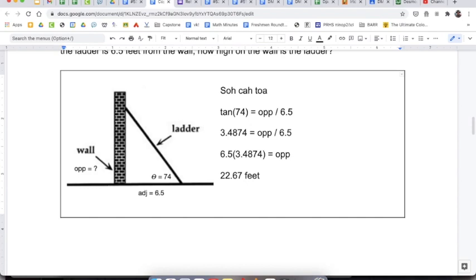So 22.67, 22 and 2/3 feet, we might say that. We could convert that to feet and inches without much difficulty, but I'm just going to call this the answer right here.